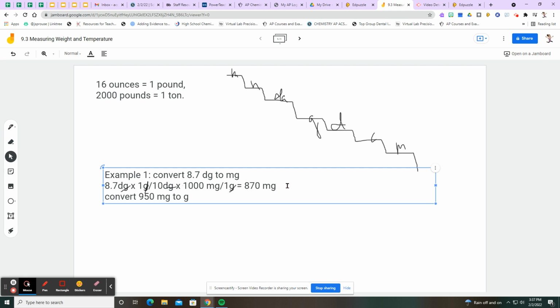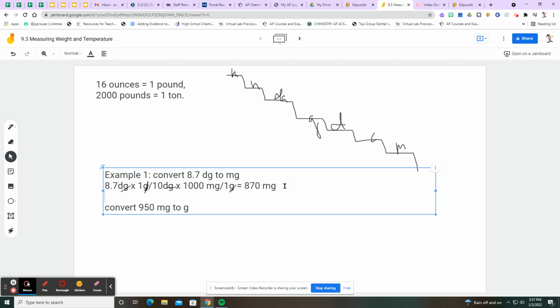Now, the other way you could do that, if I want to try and go straight and just use 1 unit multiplier, I can look and think, all right, I want to get milligrams. So milligrams goes in the top, decigrams goes in the bottom. So now I need to figure out what numbers go there. So I look, here's decigrams up here. Decigrams is bigger, so decigrams will get the 1. And then I count how many steps did I have to go down to get to milligrams.